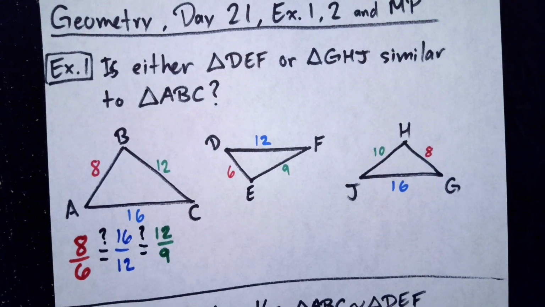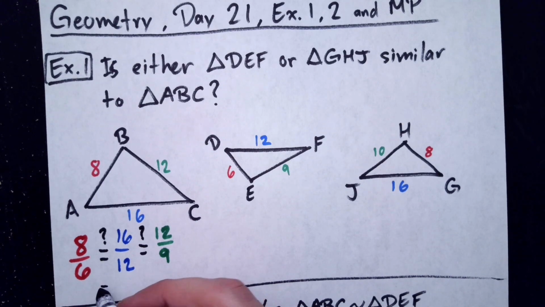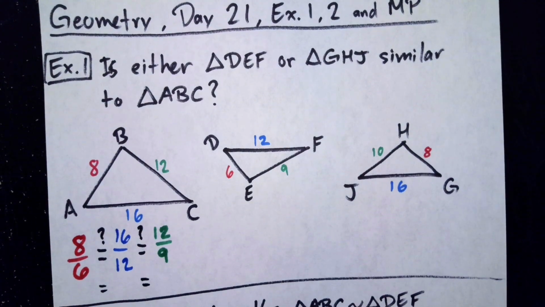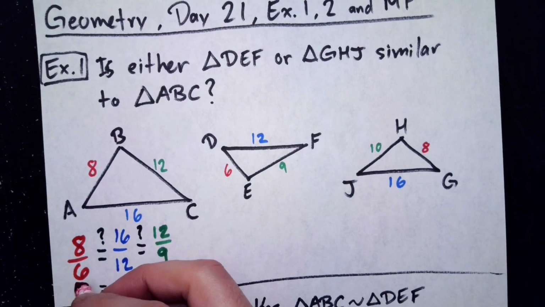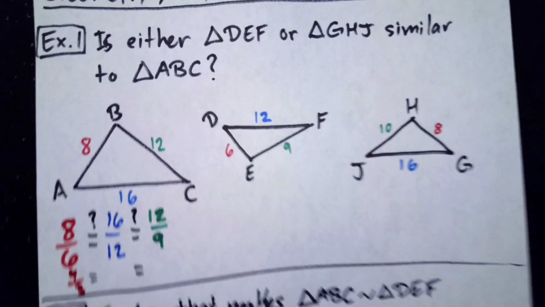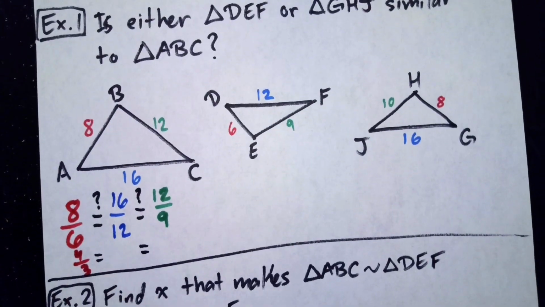Now if I were to simplify these fractions, which I will, I'll put them down here. So we know that 8 divided by 6 is actually the exact same thing as 4/3. Oops, I see it's a little tiny. Let me zoom in. There we go. So that's 4 over 3.